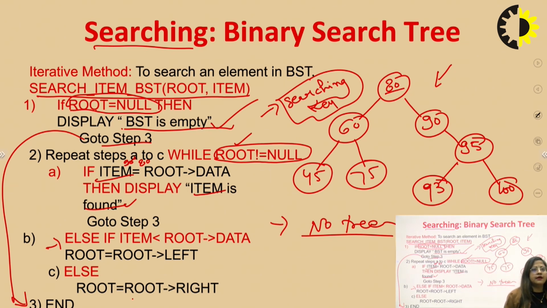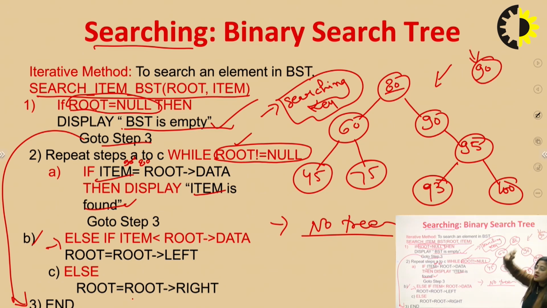The first condition is here. But in the second condition, your item number is 90. So according to this, you will come to this part B. Now check whether the item is less than root data or greater than root data.